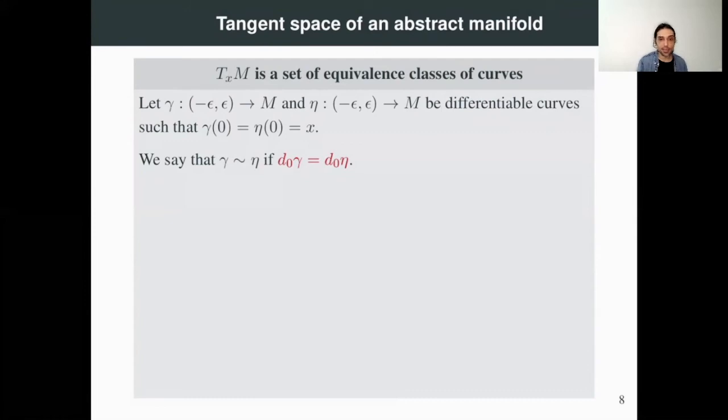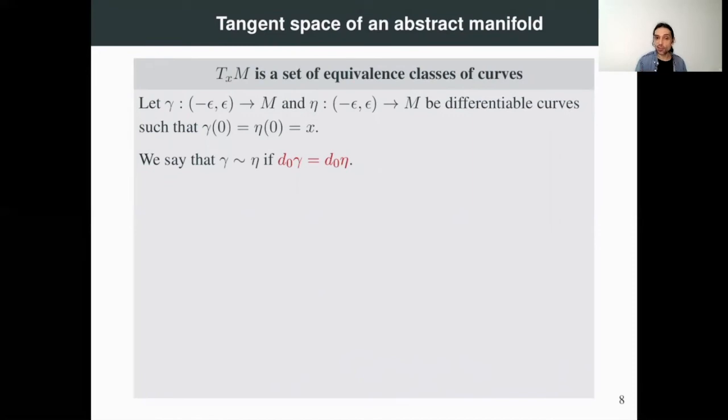This makes no sense at all, okay, because we didn't define so far what is the differential of a differentiable map. So it is in red because it's dangerous. We are actually trying to use things that we don't know yet. So this is a problem, but we can try to define it.